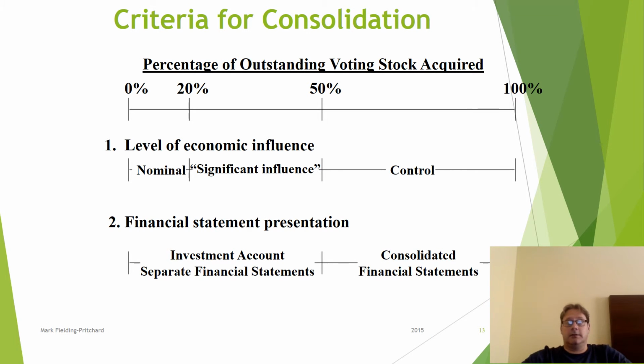So now this is actually relevant for paper F7. Here we've got a little slide that we've called our criteria for consolidation. You'll see here the percentage of outstanding voting stock acquired, that's a very American phrase. So what we're really looking at is the percentage of ordinary shares. If you've got from 0 up to 20%, these things are normally called simply investments.